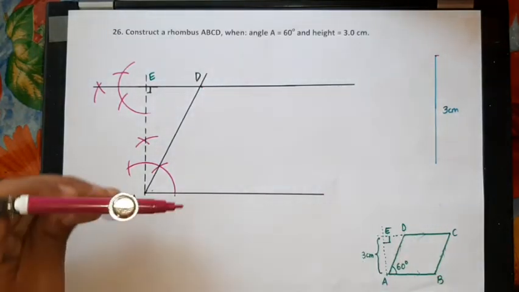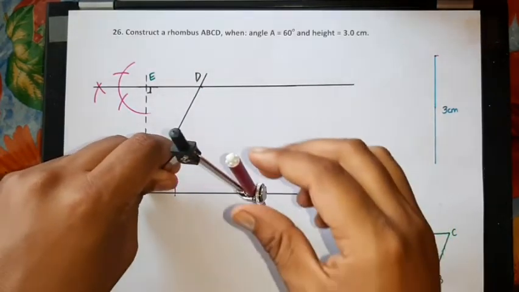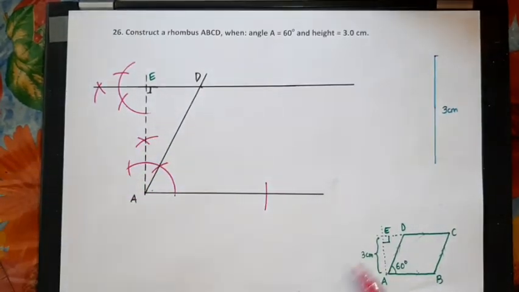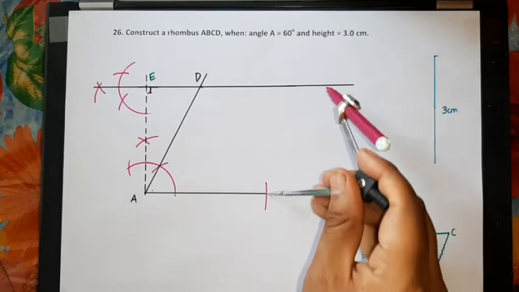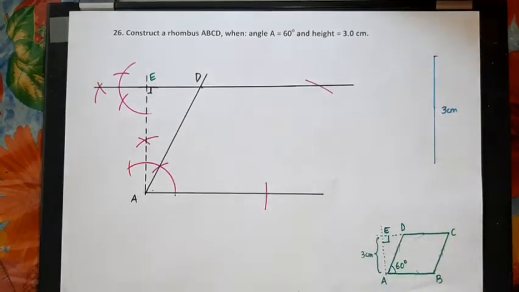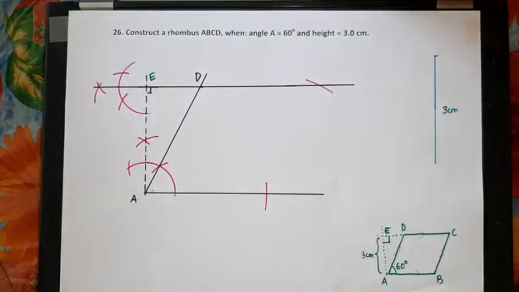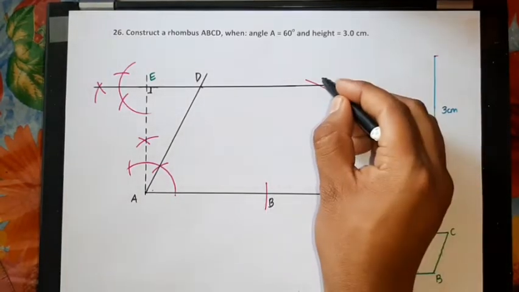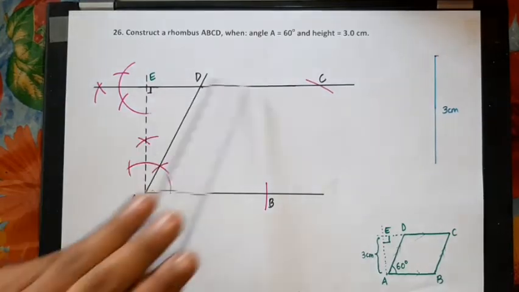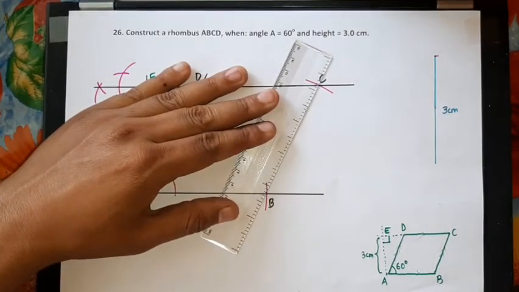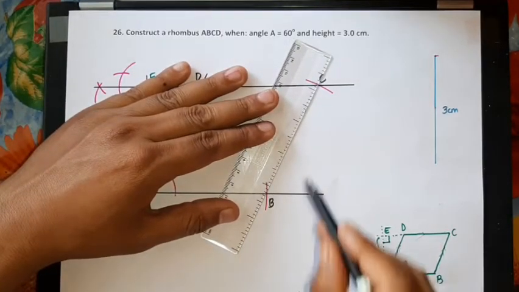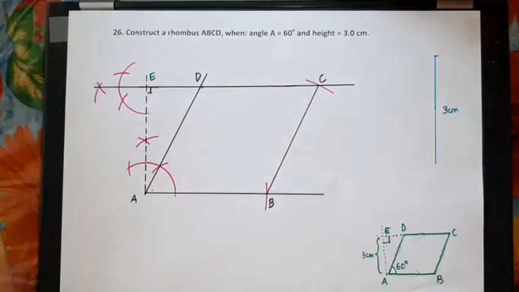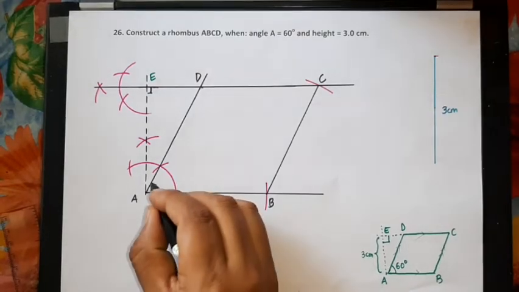Now from A we will construct this, and from here also we will construct this. So this point of intersection will be my B, and this point of intersection will be my point C. Now let us join B and C together. So finally I have got my construction.